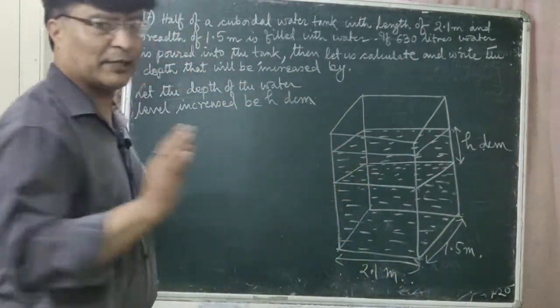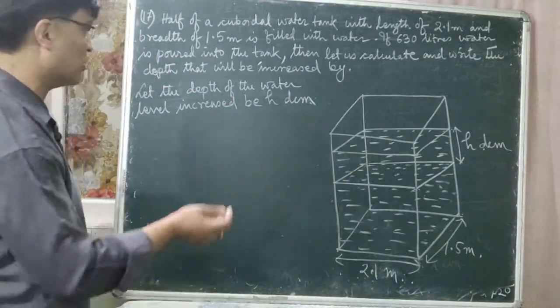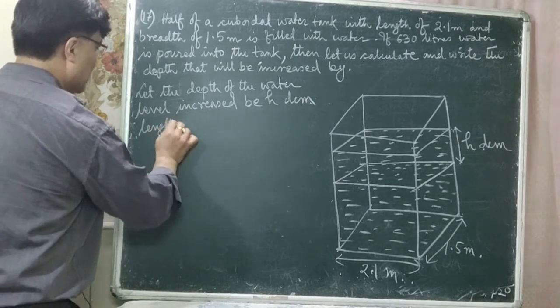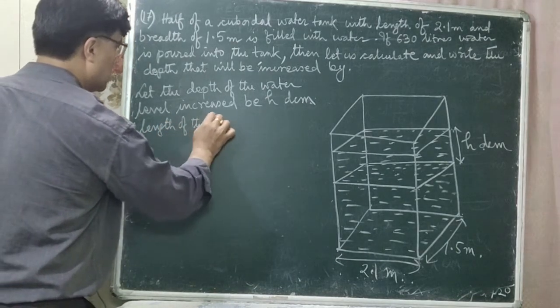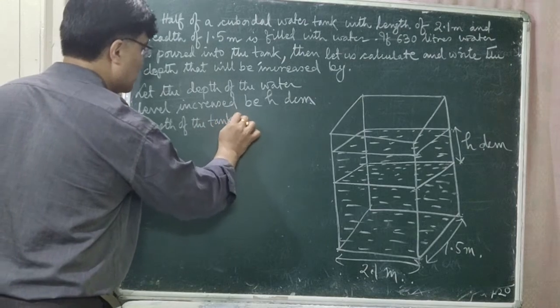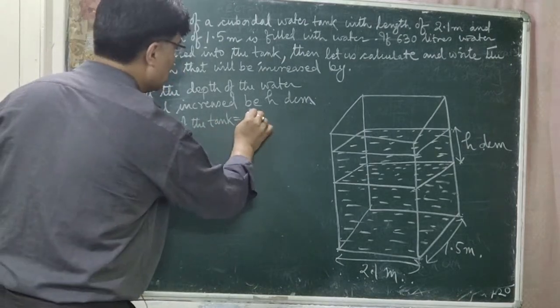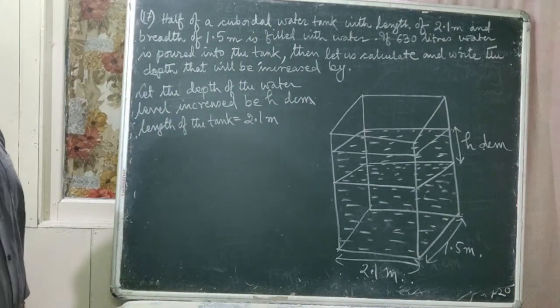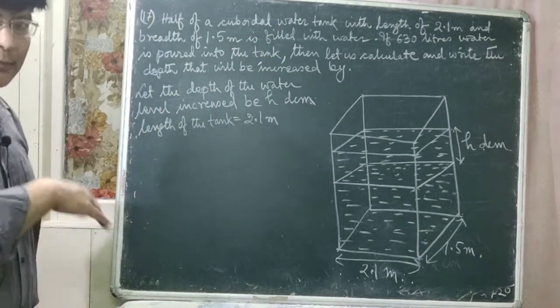भनेपछि यो मिटरलाई पनि हामी केमा चेन्ज गर्छौं? डेसिमिटरमा चेन्ज गर्छौं. So write down what is the length of the tank. Length of the tank is equal to how much is it? It is 2.1 meter, isn't it? So यो meter हामी केमा चेन्ज गर्छौं?